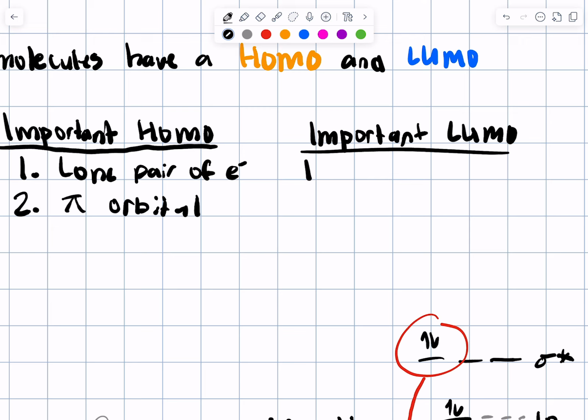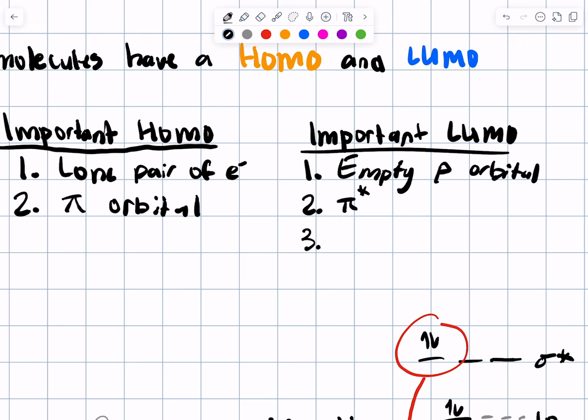So first, what I'm looking for is an empty p orbital. And I will show you what this looks like. Second, I'm going to look for a pi star orbital. And then third, I've got 3 for this one.